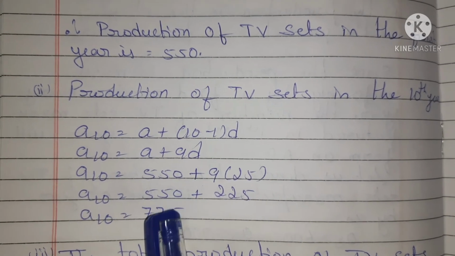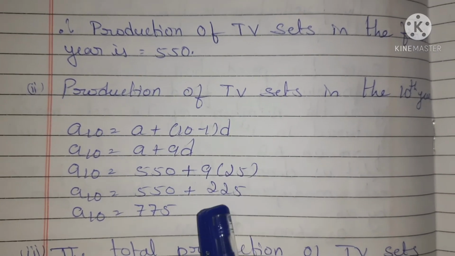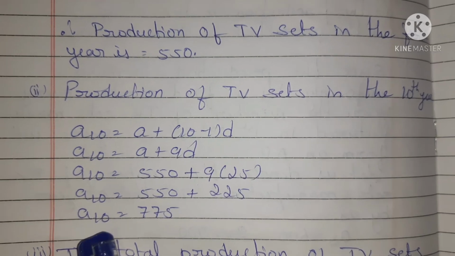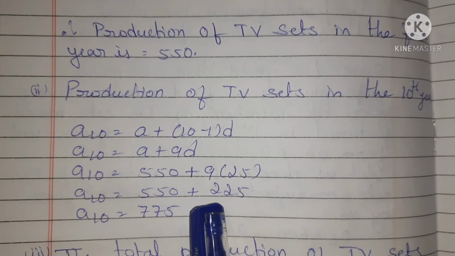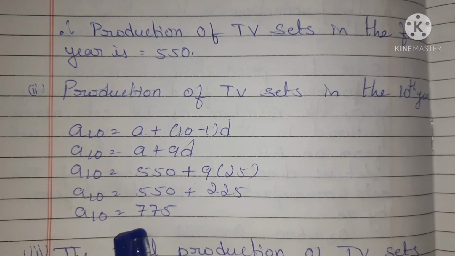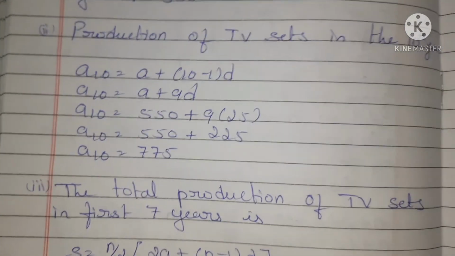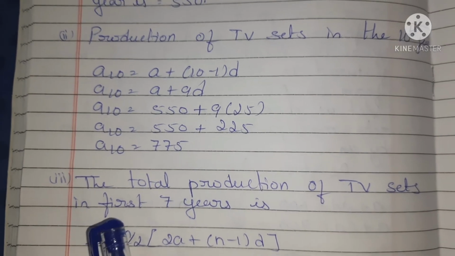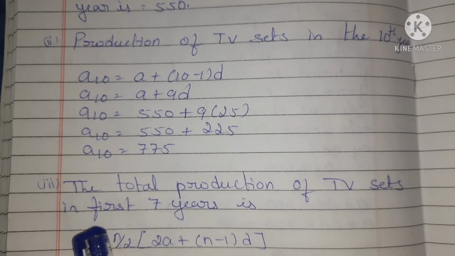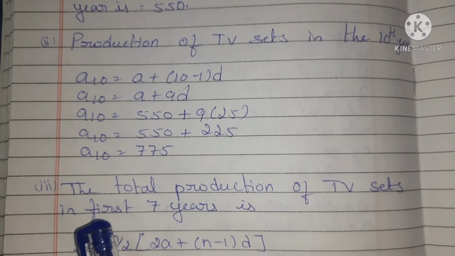A10 is equal to 550 plus 9 into 25, which is 225. Now A10 is equal to 550 plus 225, which is equal to 775.